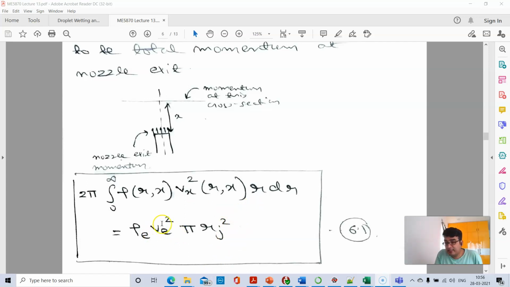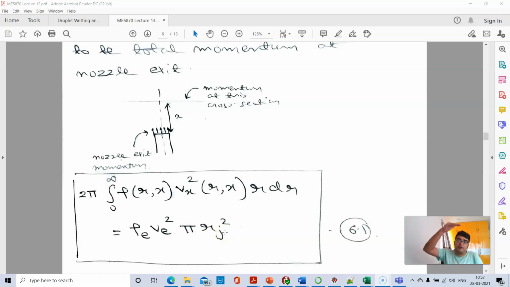The exit velocity is Ve and the exit density is rho e. So the initial circular cross section of the nozzle is pi RJ square, and you multiply it by the mass flux rho e Ve and the velocity Ve. That's why you get rho e Ve square pi RJ square. This is the total momentum coming out of your nozzle.